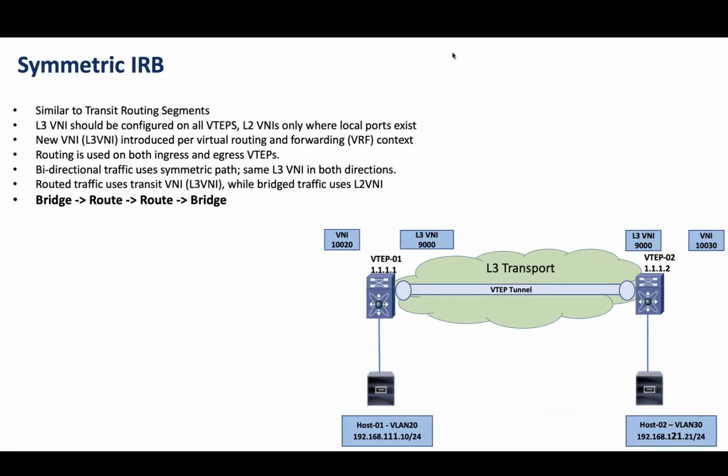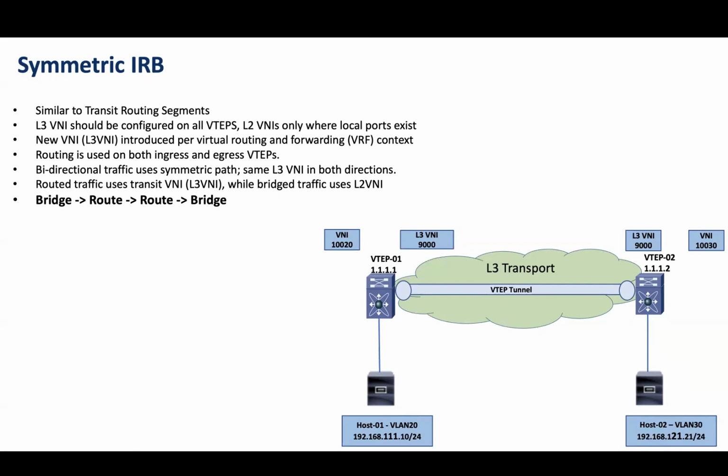Okay, now let's start with symmetric IRB. In symmetric IRB, ingress and egress VTEP will perform both layer 2 bridging lookup and layer 3 routing lookup. Let's understand this with an example. Let's say we want to send the traffic from host 1 to host 2. Host 1 is part of VLAN 20, which is associated with VNI 120. Host 2 is part of VLAN 30, and VLAN 30 is associated with VNI 130.